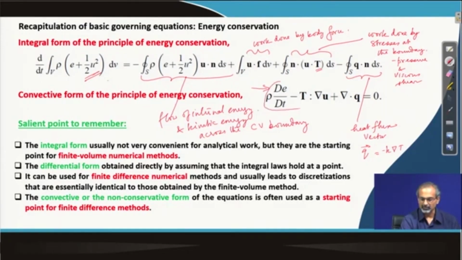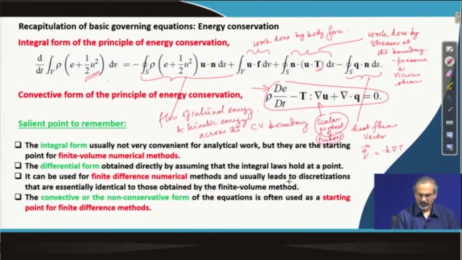So, that you have a form of this kind, and in this equation you see a scalar product of two tensors, and further this equation can be represented in another form, where you can write it like this.